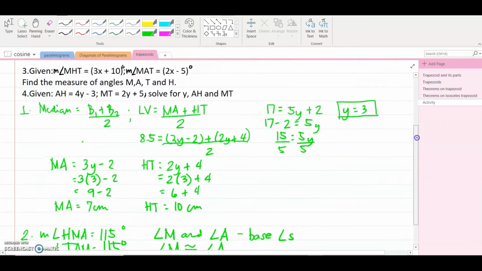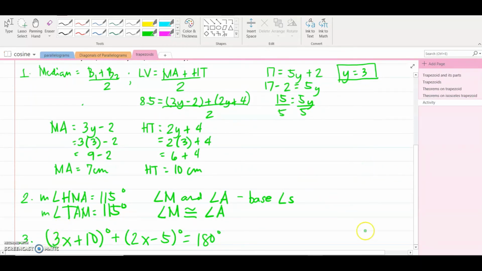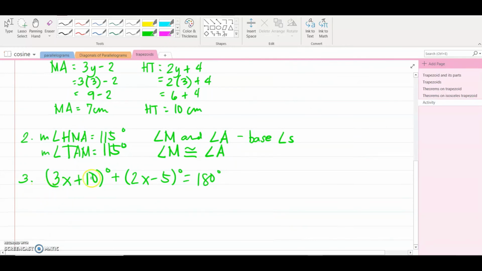Okay, MHT and MAT. This is angle MHT. This is angle MAT. Okay? And that is also equal to 180 degrees. So we can combine like terms here. We have 3x plus 2x, so we have 5x. 10 plus negative 5 will be plus 5, equals 180 degrees.